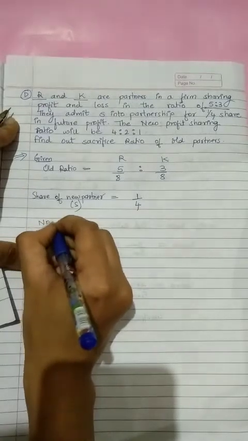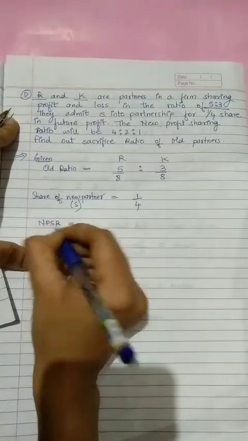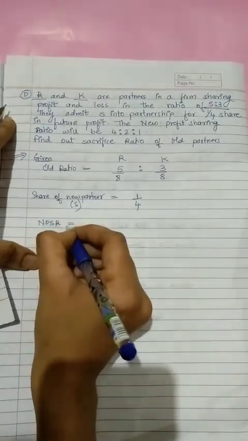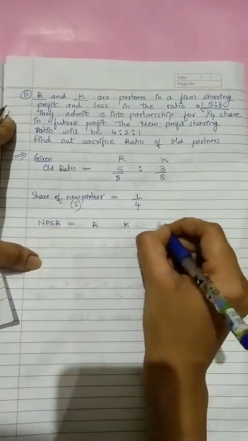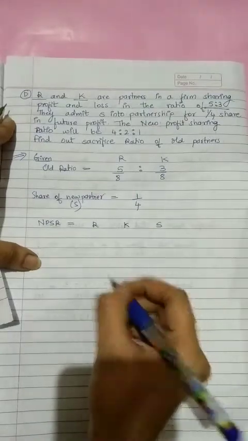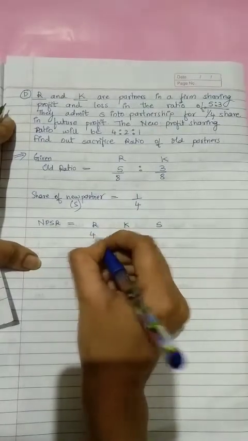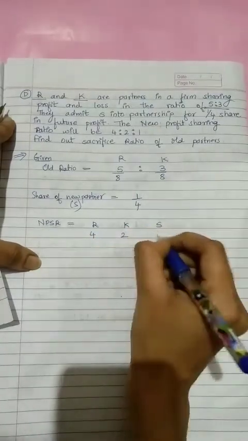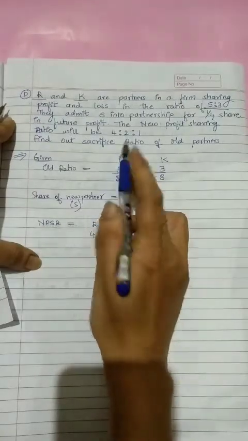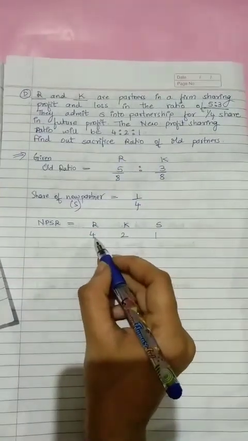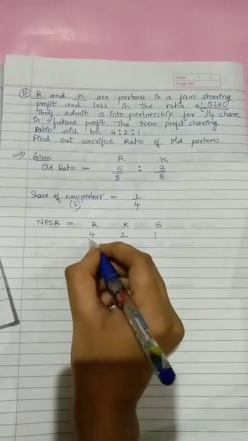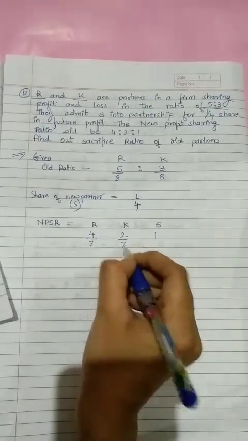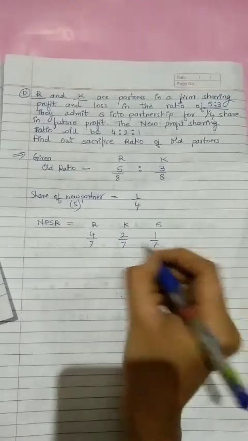So along with this, they have also given the new profit sharing ratio of all the partners, that is R, K as well as S. This we can write as 4 plus 2, 6 plus 1, 7. So 4 upon 7, 2 upon 7 and 1 upon 7.